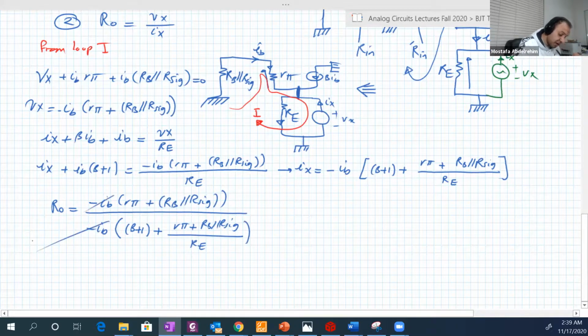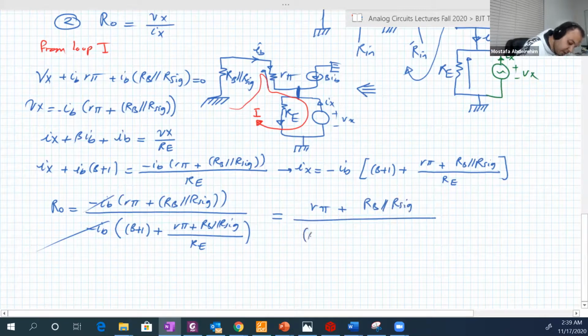Minus IB will go with minus IB. So this will give us (R pi plus RB parallel R signal) over (beta plus 1) plus (R pi plus RB parallel R signal) over RE.